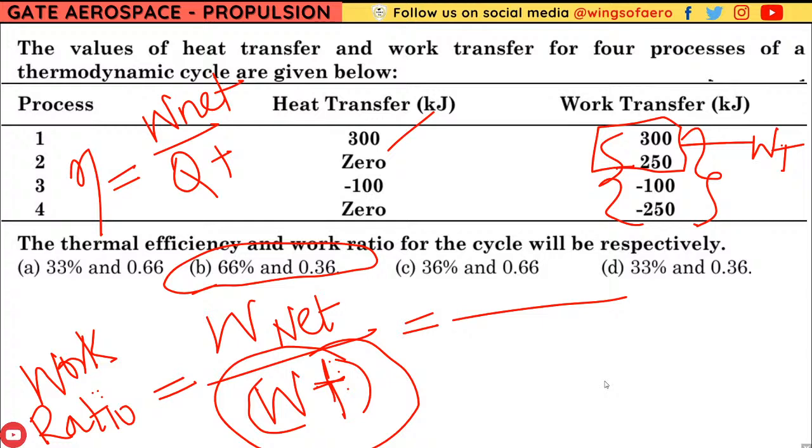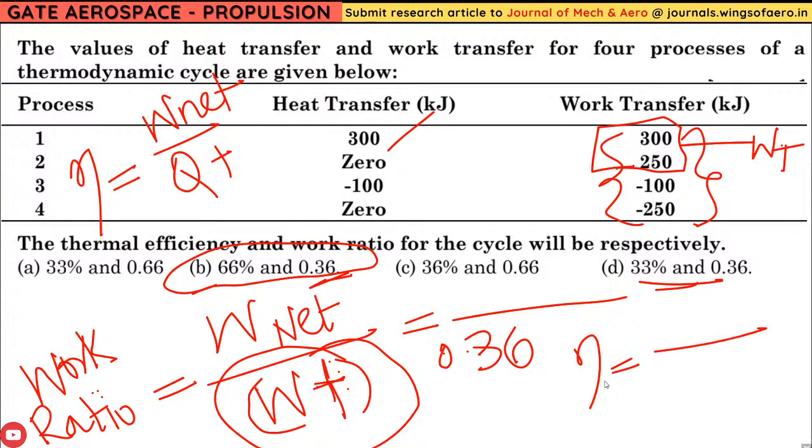It's option D, ma'am. You're getting 0.363 around something. It's 33% and then 0.36. Yes, ma'am, option D, I'm getting. Here, what value are you getting?